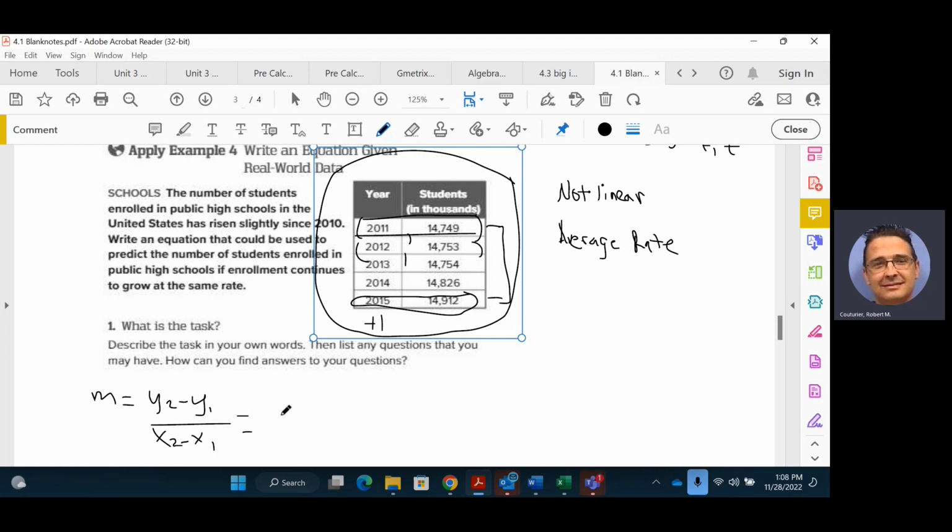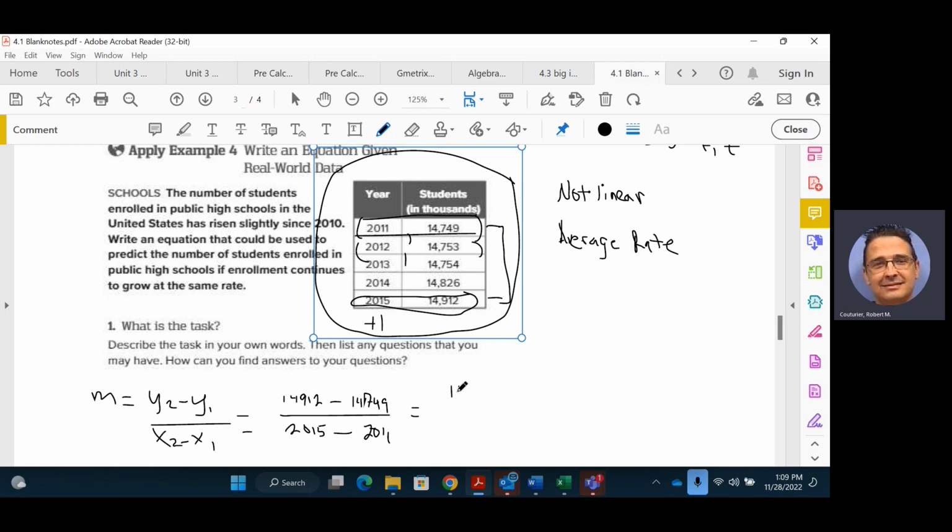So we're going to say, big division bar, 14,912 minus 14,749. And then the x coordinate that matches with this y is 2015 minus 2011, because these are x's, there's our y's.